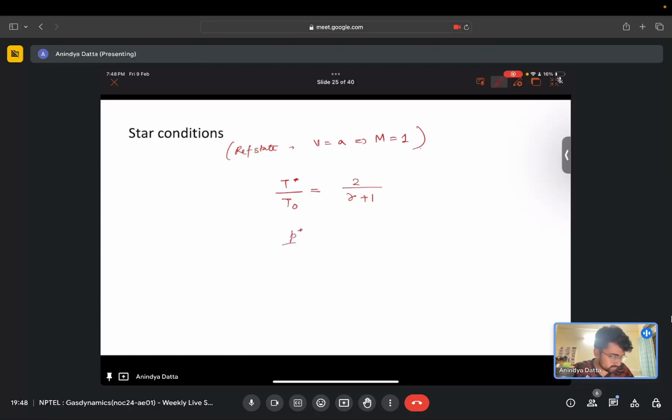For pressure it is again similar. Remember, all these processes are isentropic, so we can just put in the isentropic relation.